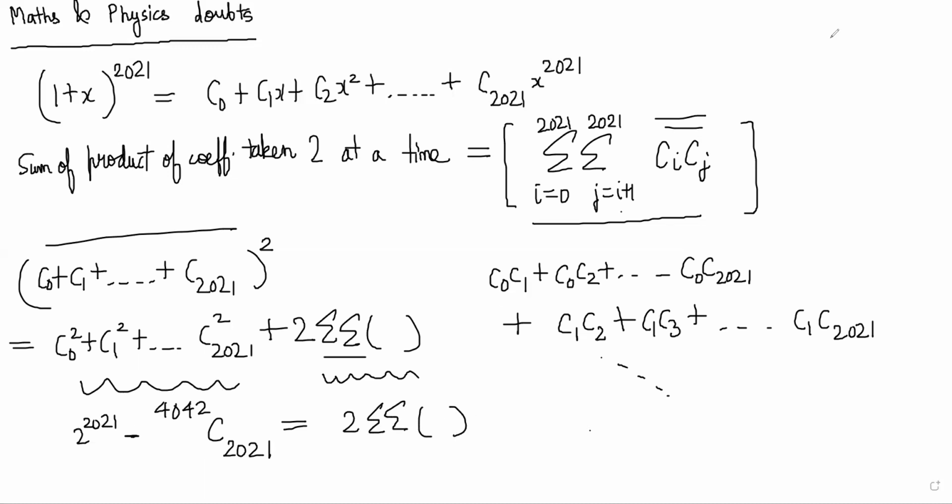So the answer will be 2 power 2020 minus half into 4042 factorial by 2021 factorial square. Now you can see which options are fitting. It feels obvious what alpha is. You can find everything, right?